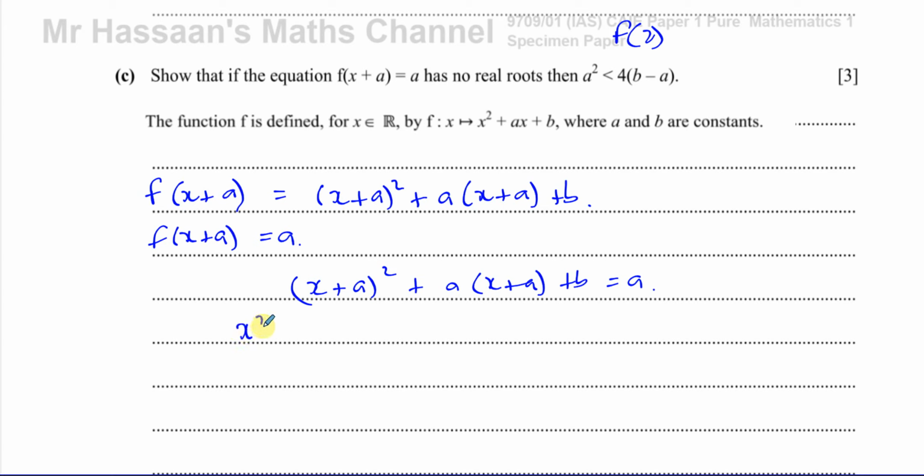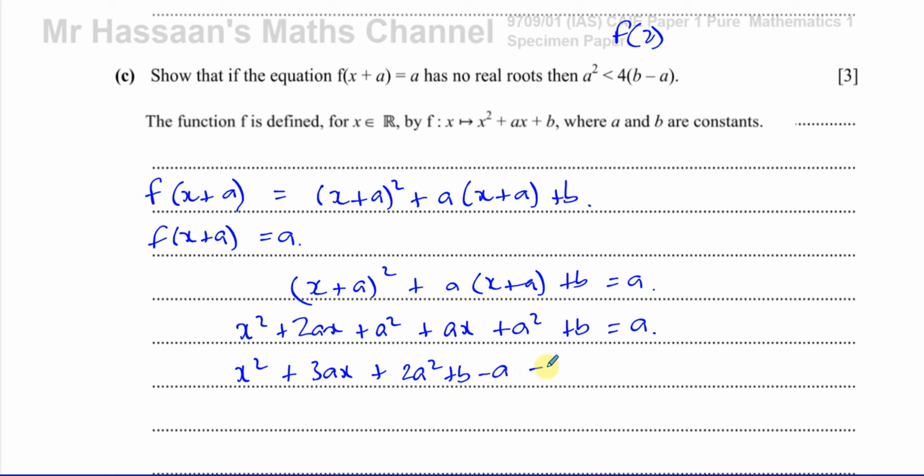I have x squared plus, if you expand this, 2ax because you multiply these together and double it, plus the square of this, which is a squared, plus ax, plus another a squared, plus b equals a. So I've got x squared, 2ax plus ax, that's plus 3ax. And then a squared plus a squared, which is 2a squared. And plus b minus a equals 0.